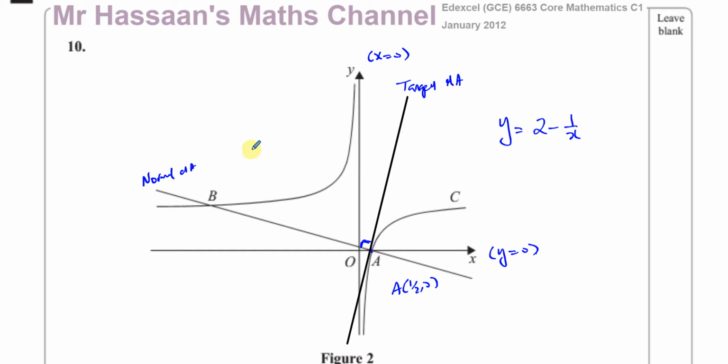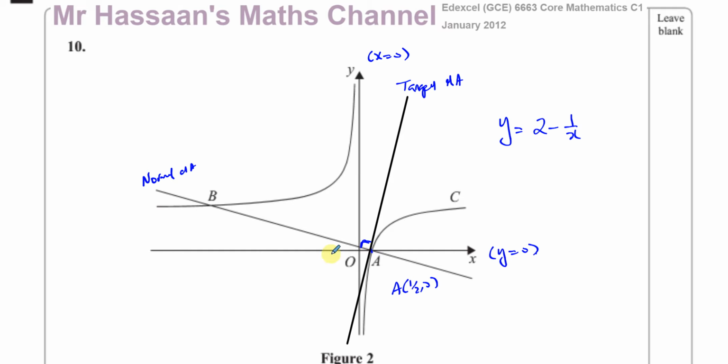However, to find the gradient of the normal, we need to find the gradient of the tangent first, because the gradient of the tangent is the same as the gradient of the curve at the point where it touches it. So if I can find the gradient of the curve at the point A, I have found the gradient of the tangent at A, which means I can find the gradient of the normal at A, which will be perpendicular to the gradient of the tangent.